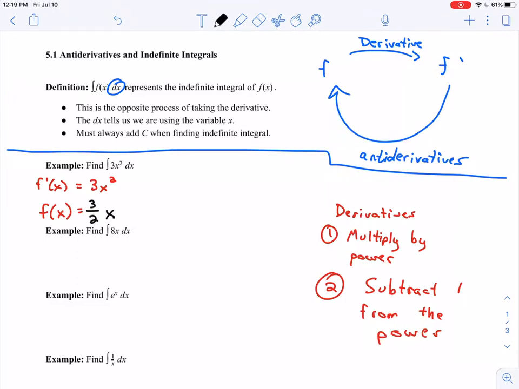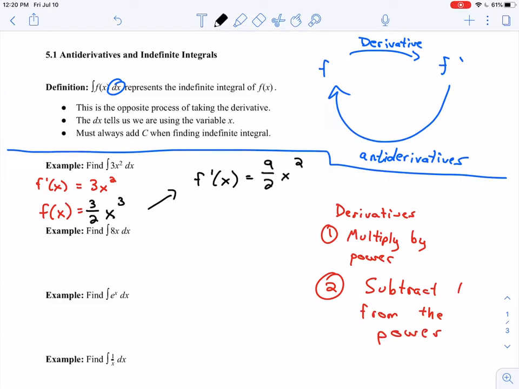And then instead of subtracting 1 from the power, I would add 1 to the power. So 3/2 x to the third. And let's check our work. For all of these, we should be able to check our work. If I take the derivative of this function that I've just found, I would multiply by the power, so 3 times 3/2, I would have 9/2 times x squared.